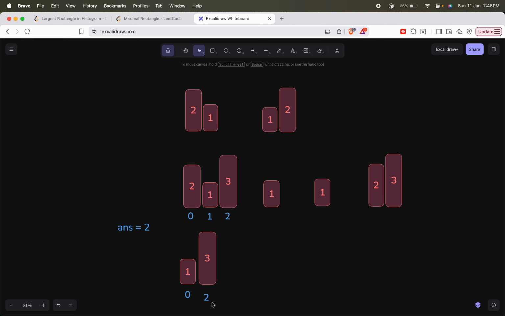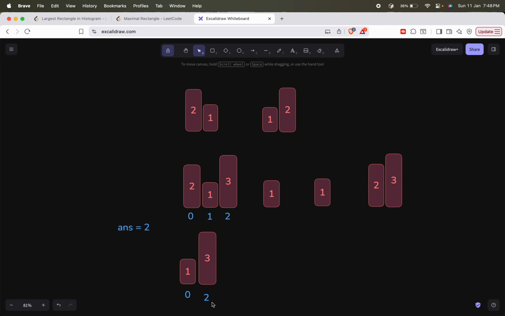I also mentioned we will be requiring a stack to process the elements. I have defined n as the length of the heights, and initially defined answer equal to the min value. You can also instantiate it to 0 because all the heights are positive, so the least possible answer can be 0.